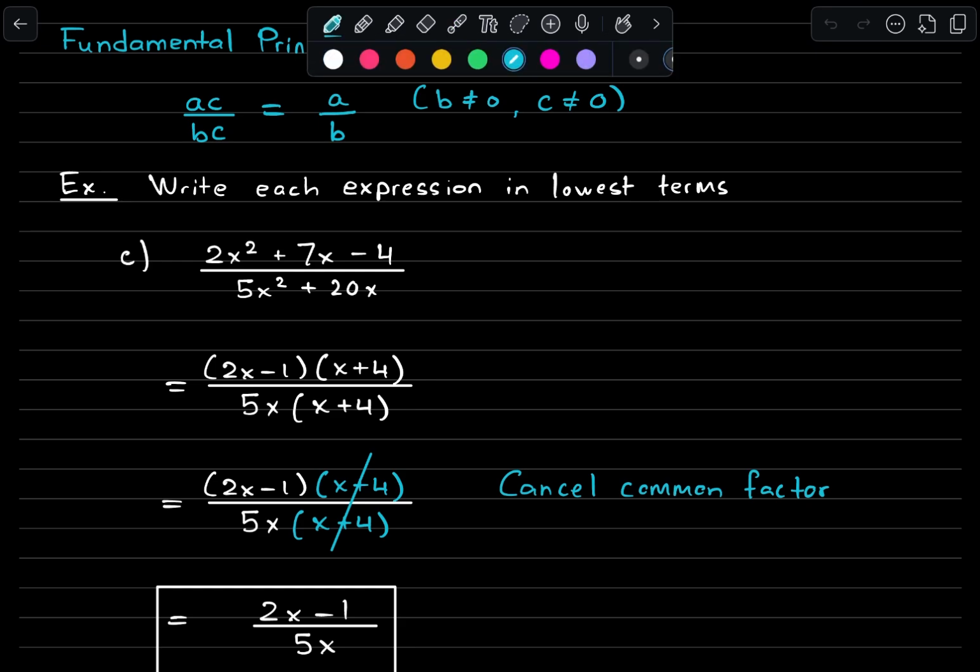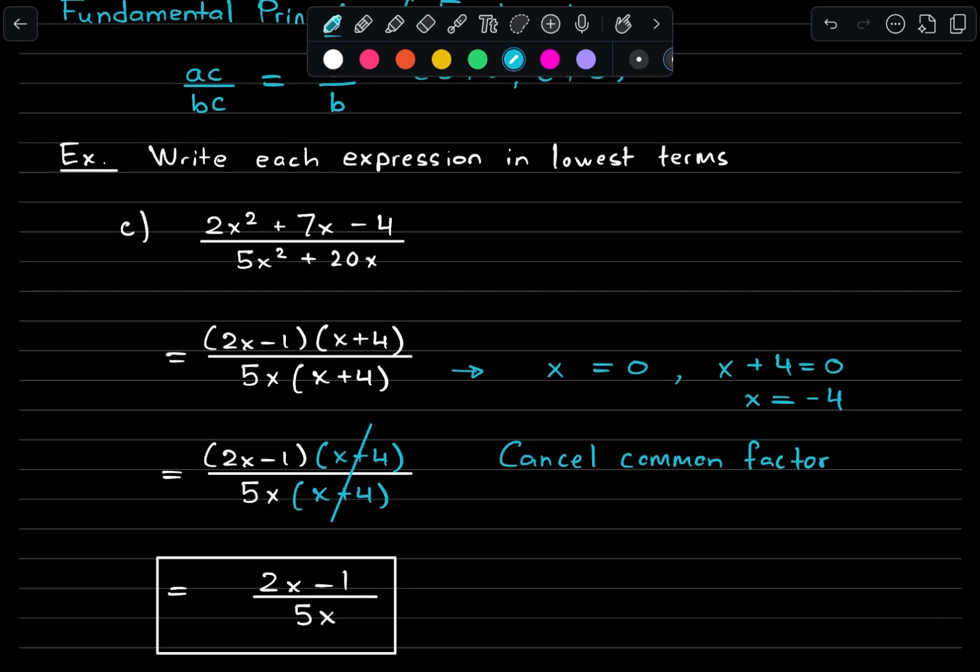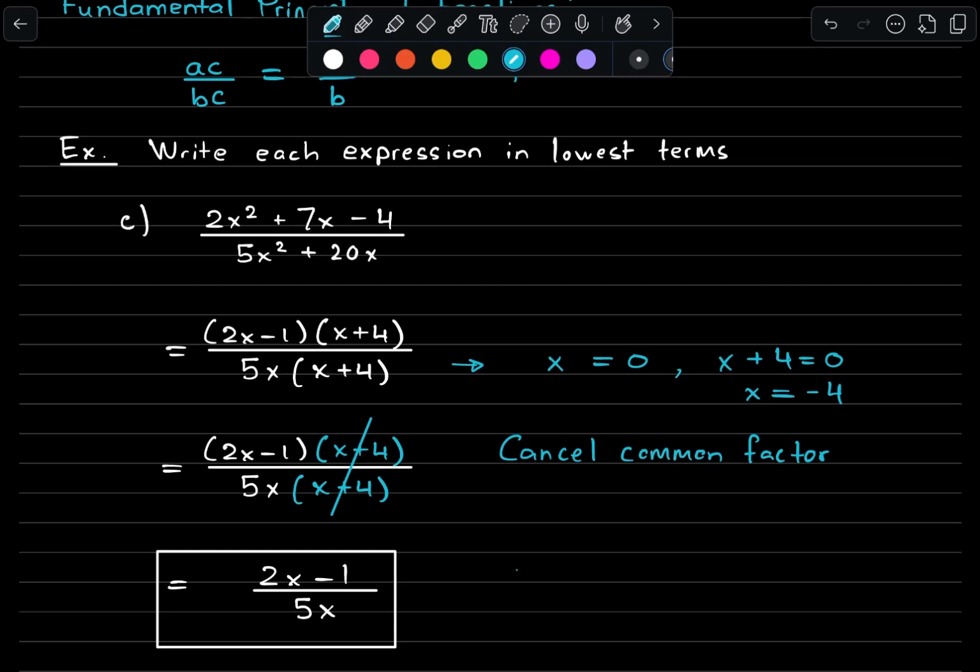Remember, just like we had done before, in the denominator, two values that would have been problematic are x equals 0, because that would turn 5x into 0, and x equals negative 4. So even though you've reduced this, in the domain, x can be all real numbers, but still cannot be 0, and it still cannot be negative 4.